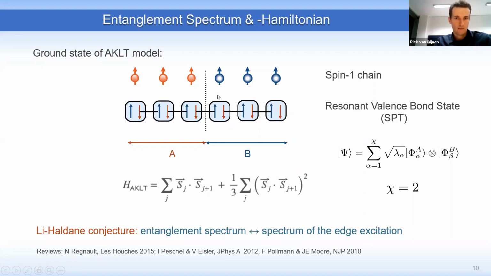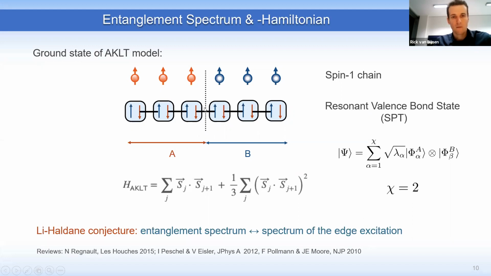So in this ground state, all these spin-1/2s are paired up together, except the outer ones. They are free, they have no partner. And these give rise to a fourfold degeneracy of the ground state. So I always have this valence bond ground state, and then the edges are free. So I always find, in this case, 4 ground states where I can make free edge excitations.